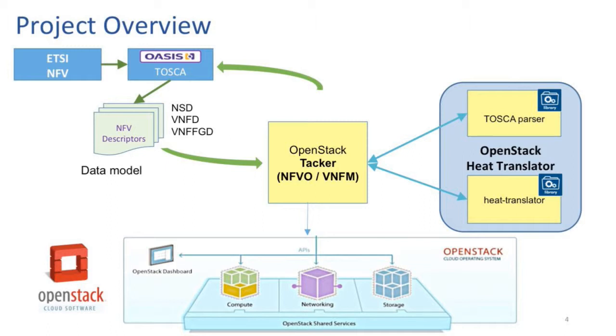Those data models are used by Tacker, parsed by two other projects in the OpenStack ecosystem, the TOSCA parser and heat translator projects. The output of that heat translator is then passed down into OpenStack itself to do things like manage compute, networking, storage, and all of the resources associated with a VNF.